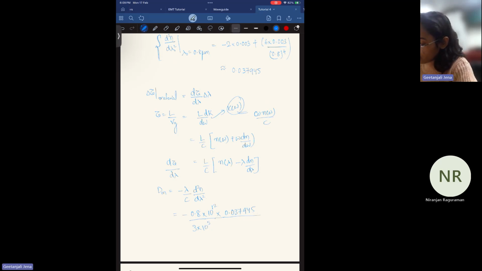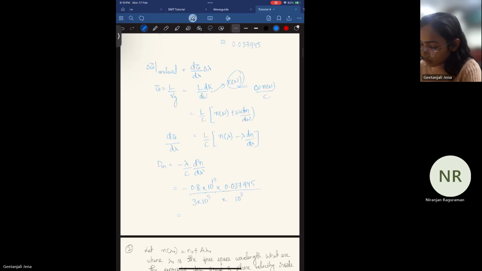One micrometer will cancel with lambda, and the other micrometer you can convert to nanometer, which gives 10 to the power 3 nanometer. So the overall solution will be minus 101 picosecond per kilometer nanometer.